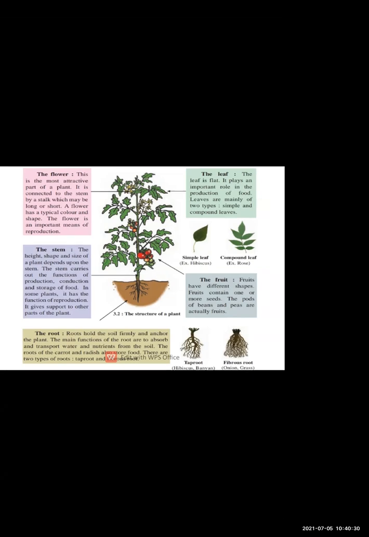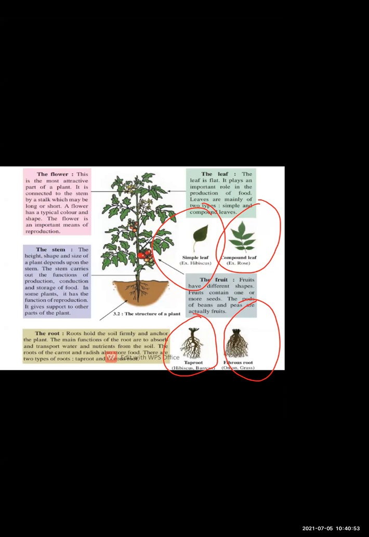Here you can see the picture of a simple leaf and a compound leaf. Here you can see the example of taproot and fibrous root. Now the function of leaves is what? To perform photosynthesis, to prepare the food for the plant.